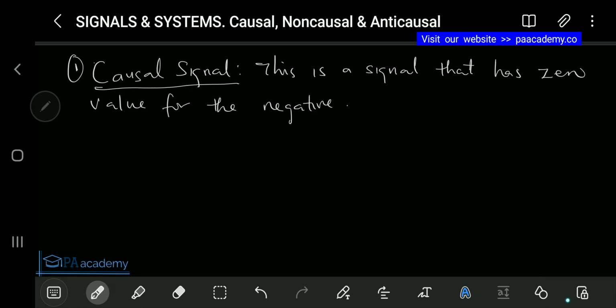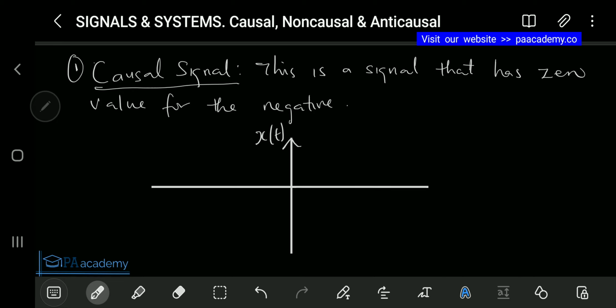Now let's look at this together. Don't forget that this is going to be our x of t, and this is going to be our t. Just like the definition, it has zero value for the negative time.